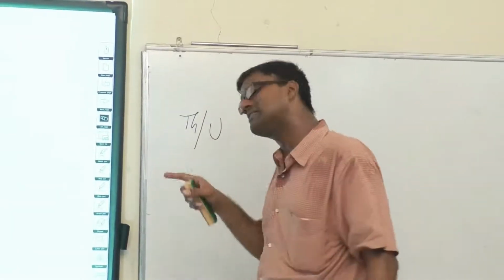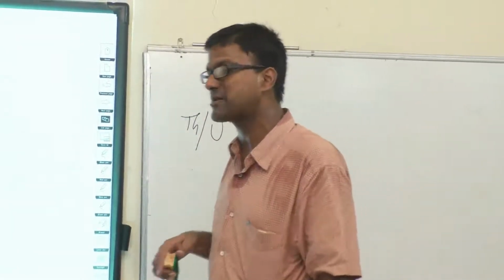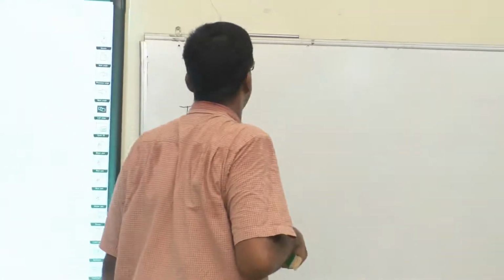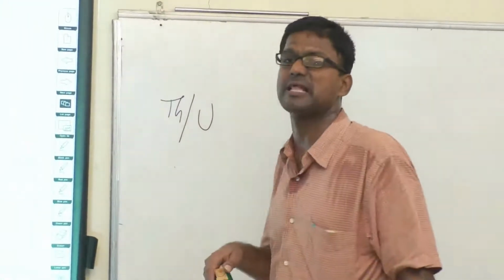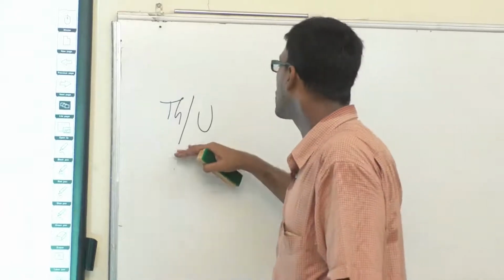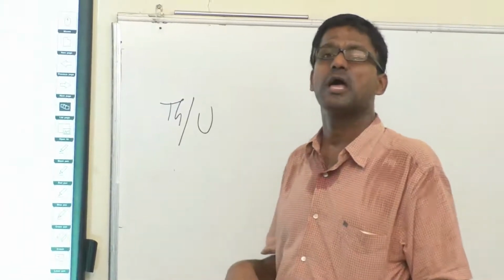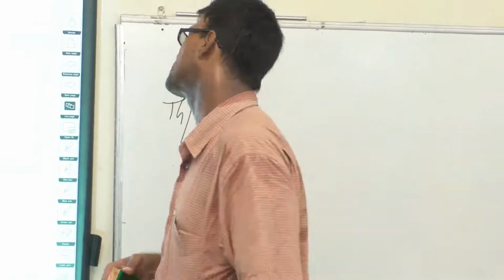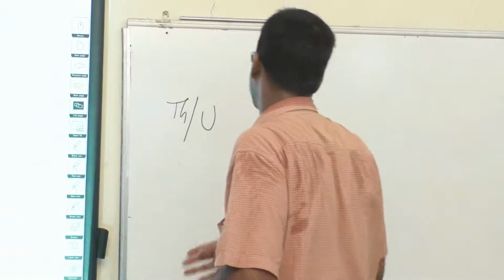But in this present study in the Rana subbasin, uranium content is usually less than 1 ppm. So there is no meaning in using the thorium by uranium ratio here. That is one thing, okay.